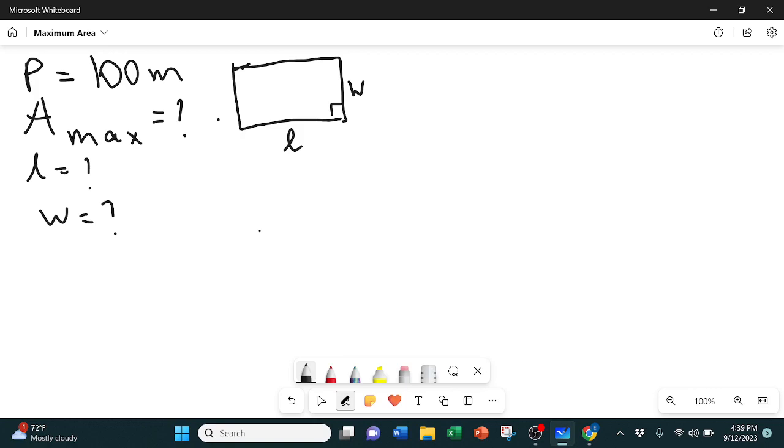In order to calculate that, we're going to start using the formula of the perimeter of a rectangle: L plus W, times 2.